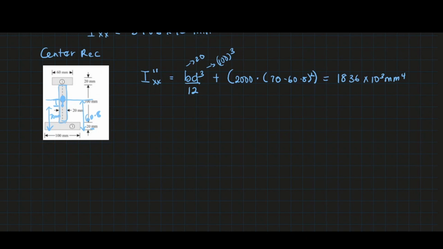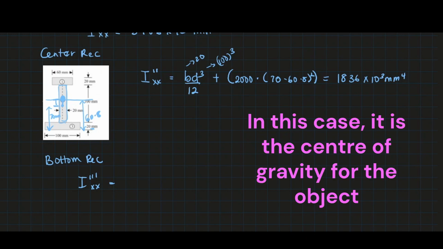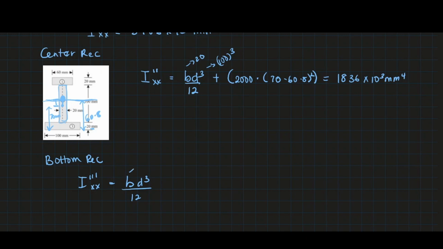Next, for the last rectangle, the bottom rectangle, it is also going to contribute its own inertia as well as the inertia when you rotate it from the moment of inertia reference line at this point. So its own inertia is BD cubed over 12. We know B is 100 and D is 20 raised to the power 3, plus the area, which is 2000 again, times the radius.